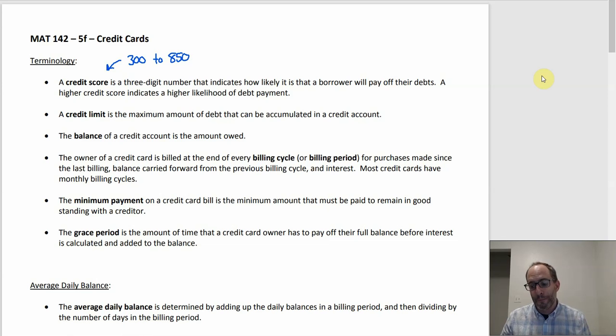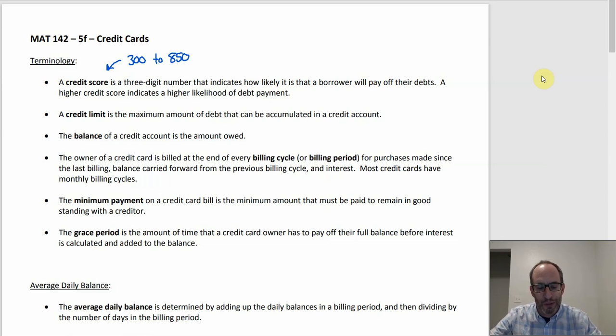If you have a higher credit score, then you're considered more likely to pay off your debts, and that's how you can take out bigger loans, right? And that's why you have to establish credit first before you can take out a mortgage. It's a big loan, but that's basically how it goes.